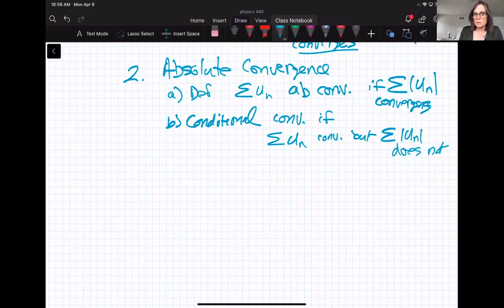Anybody know what's really interesting about absolutely convergent series and conditionally convergent series? It's called Riemann's theorem, one of his theorems.